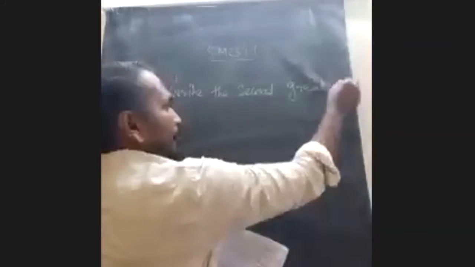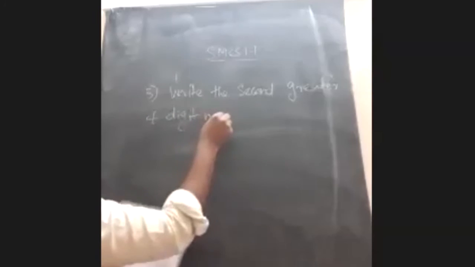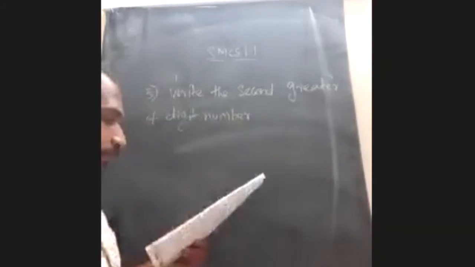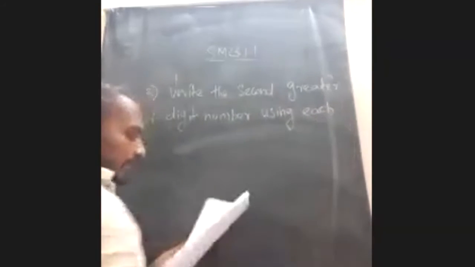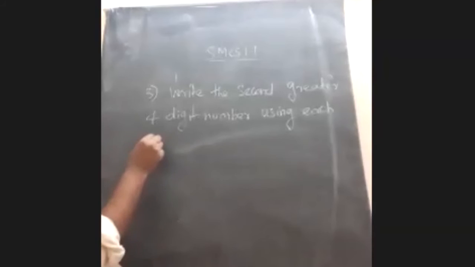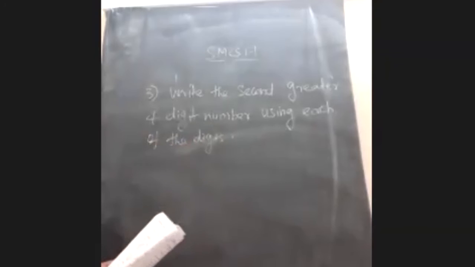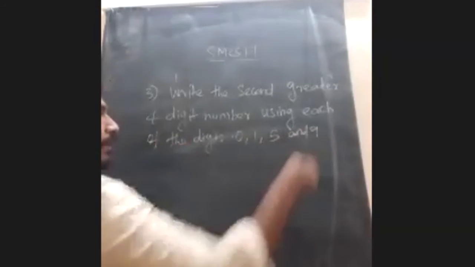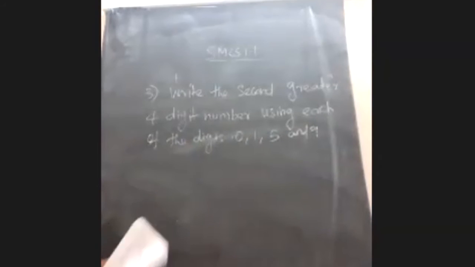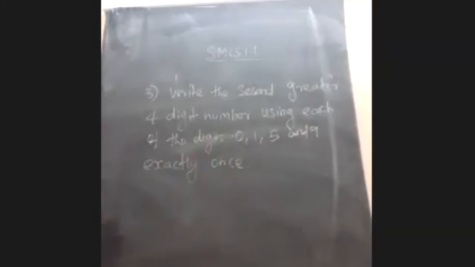Write the second greater four-digit number using each of the digits 0, 1, 5 and 9 exactly once.